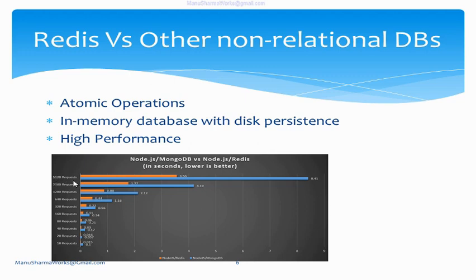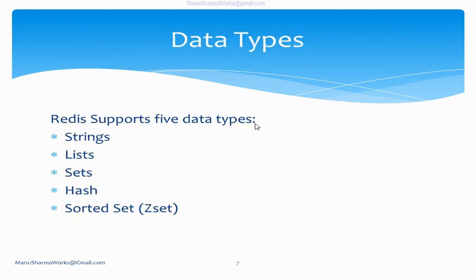For 5,120 requests, the Redis database took only 3.56 seconds, whereas MongoDB took 8.41 seconds. So we can say it's more than 200% faster than MongoDB. It is a high performance in-memory database with disk persistence, and it has atomic operations.